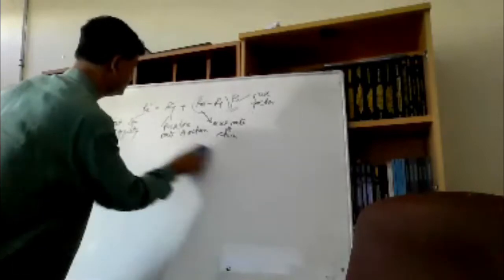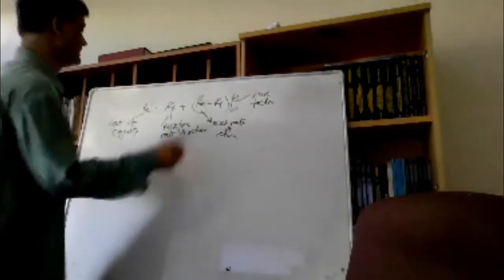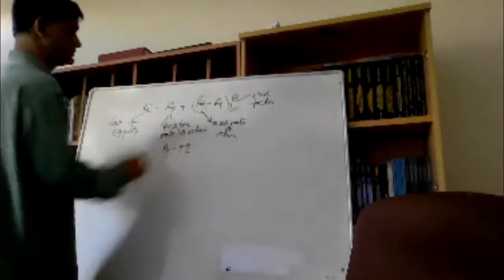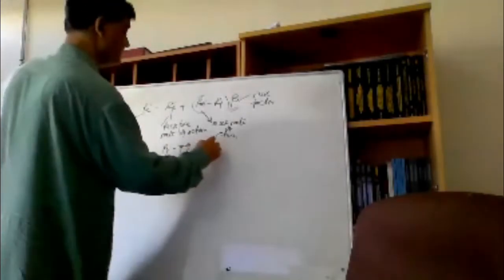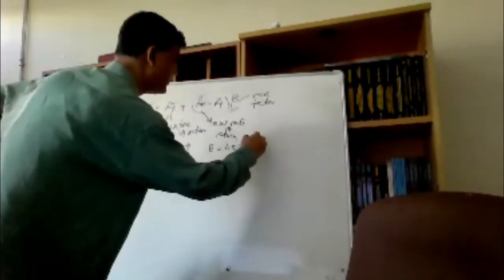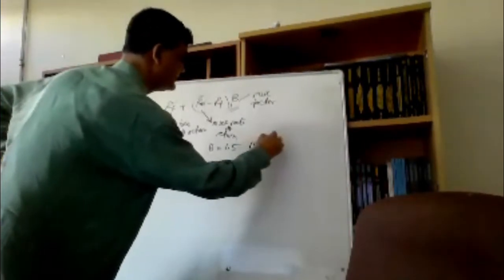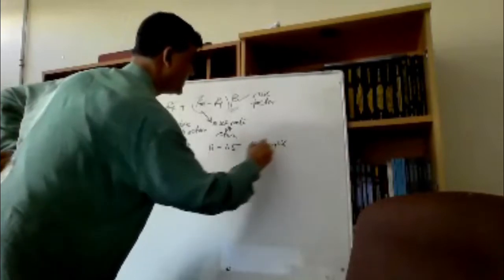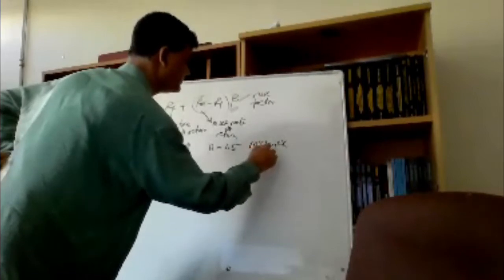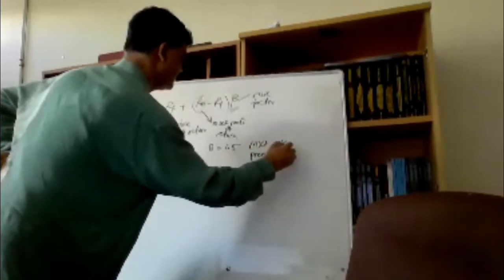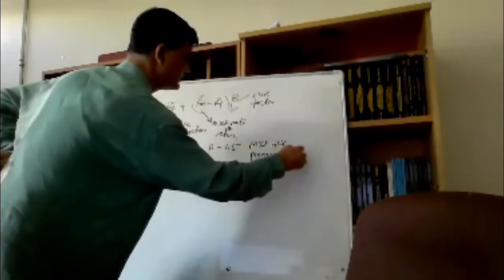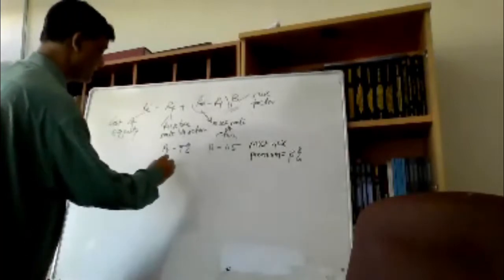Sometimes, say for example, I have given you data of RF 7%, beta equals 1.5, and we give you market risk premium, say 8%. So now we have to calculate RE.